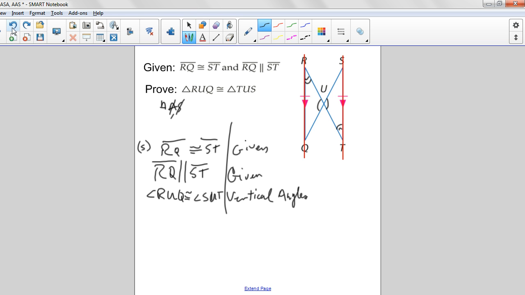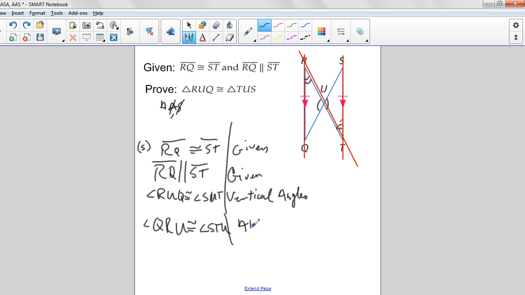Let's see if I can clear that up just a little bit. So this would be the transversal. Okay, so alternate interior angles. If we were going to write this out, angle QRU is congruent to angle STU.